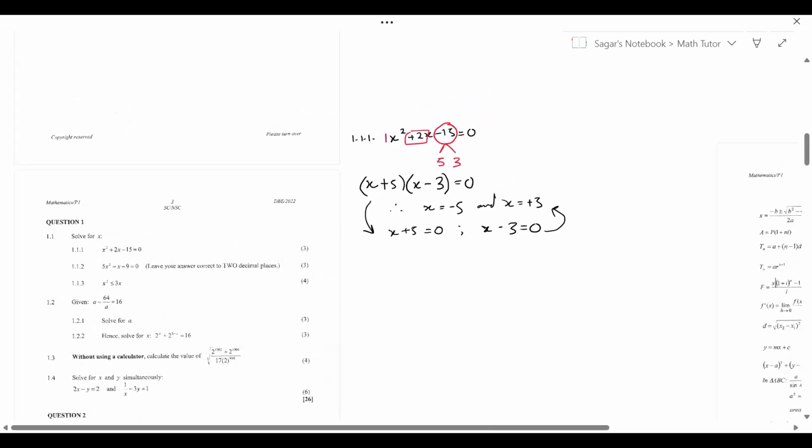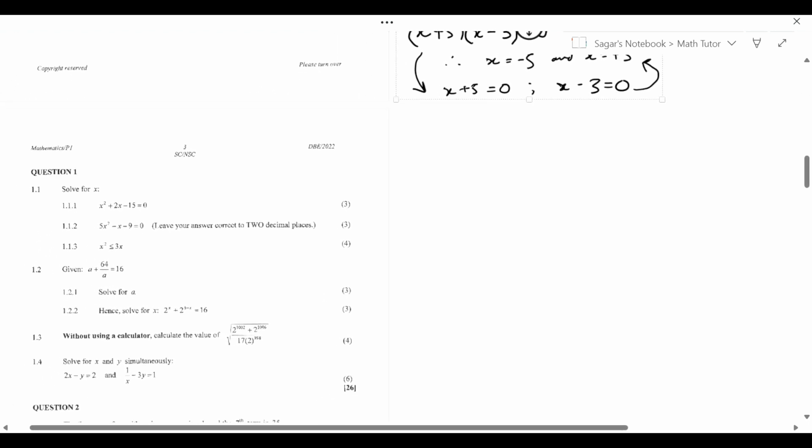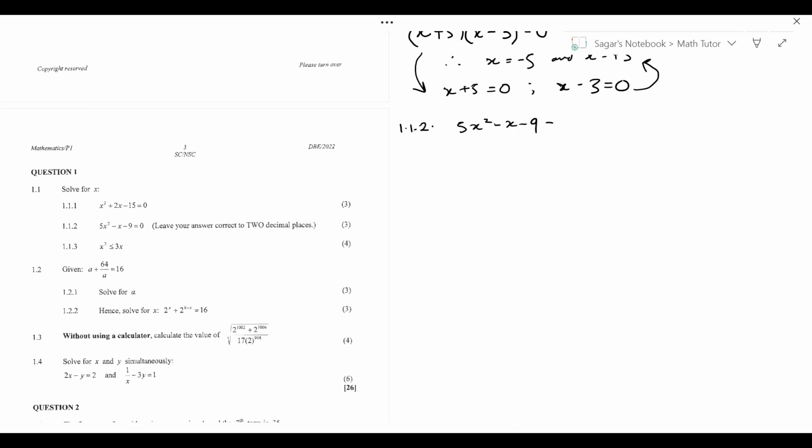Let's move on to 1.1.2. That should be fully calculator work. But there is something I want you to note for this question, and that is understanding the quadratic equation in terms of what we have here.